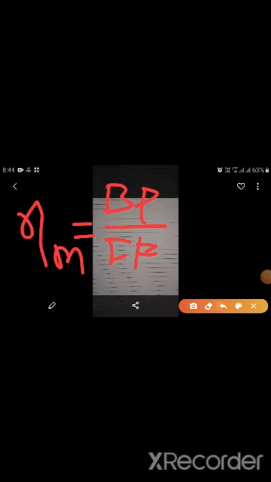Whatever power is developed inside the cylinder is lost in overcoming the friction to reach the crankshaft here. Therefore, some amount of power is lost here. So this eta m, the mechanical efficiency, directly measures the efficiency of the relative moving parts in the internal combustion engine.